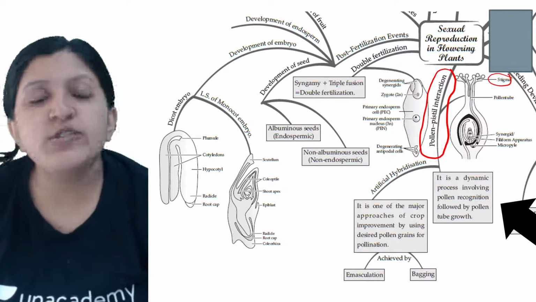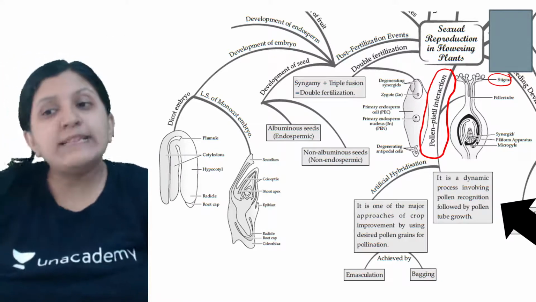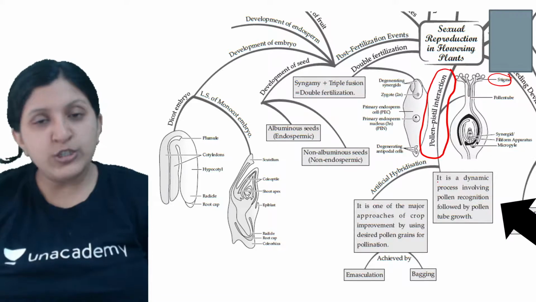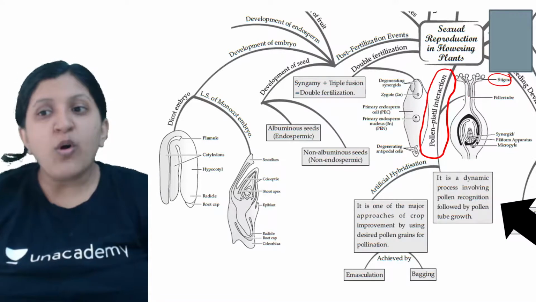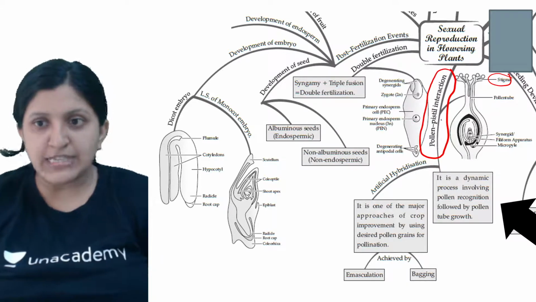Only one pollen tube is going to successfully grow, and that will continue the growth inside the style and into the ovary and then towards the micropylar end. Not all of them are growing, but one is going to complete this fertilization process.